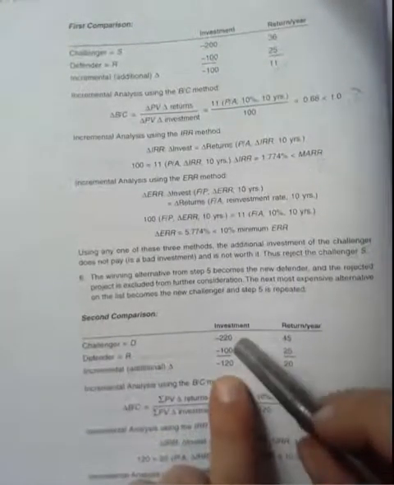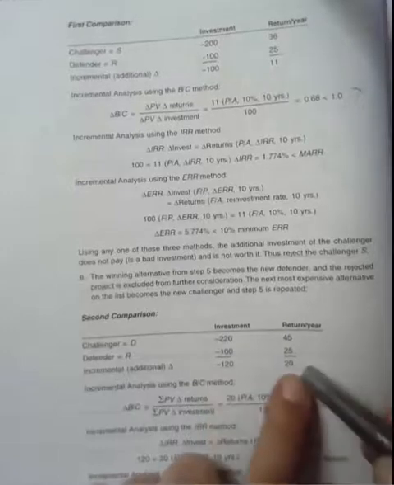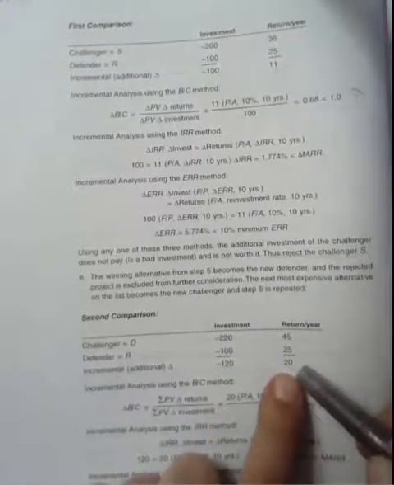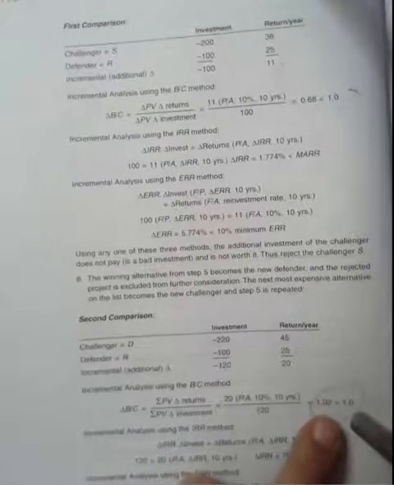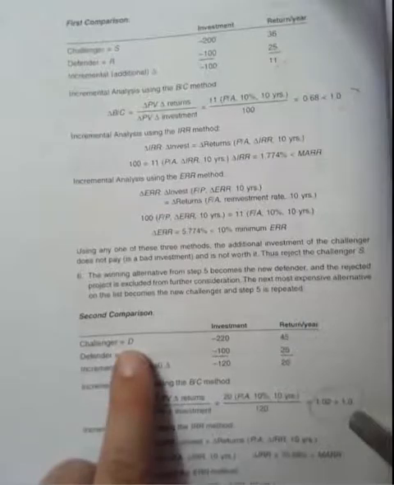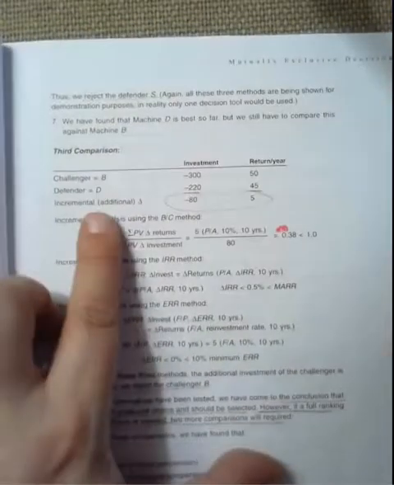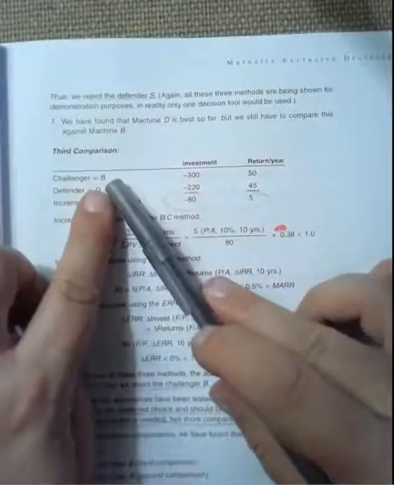And in this case, using the BC ratio, the extra 120 investment, is it worth it in order to get an extra 20 as an annuity over 10 years? And the answer is yes, because the BC ratio is greater than 1. So the challenger in this case wins and moves on to the next round to be compared against the most expensive. There's just one project left, project B.